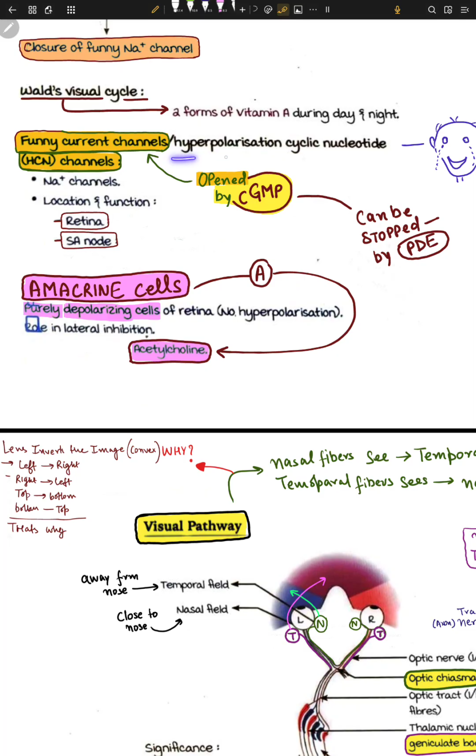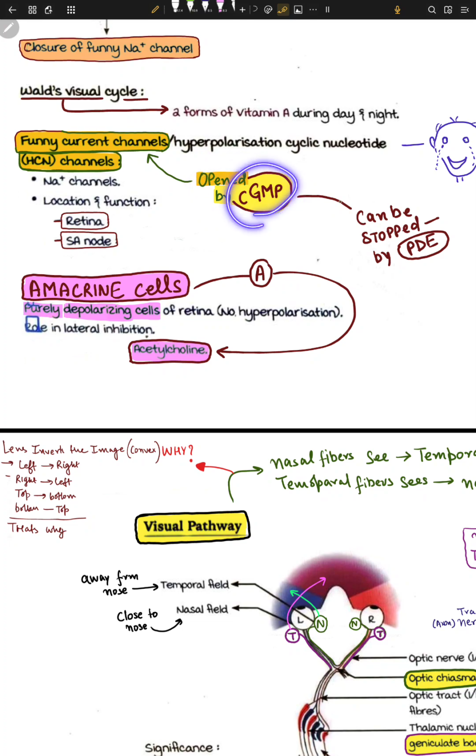We call this hyperpolarization. Hyperpolarization means just changing the polarity of the cell. Hyperpolarization, cyclic nucleotide, gated channel. So we call these HCN channels. HCN, this is very important. These channels are opened by cyclic GMP.